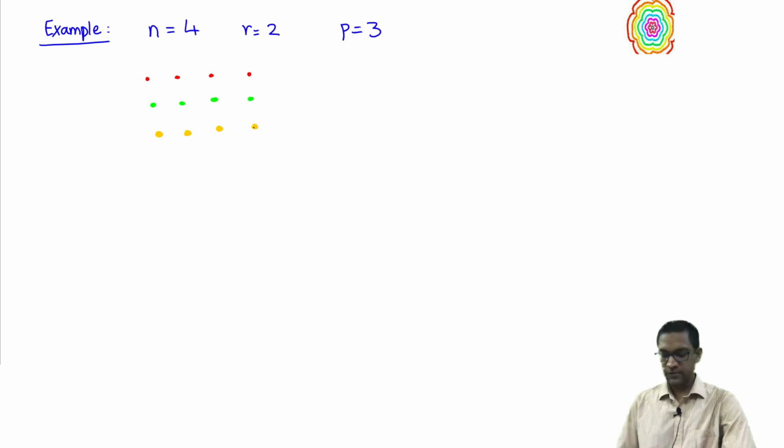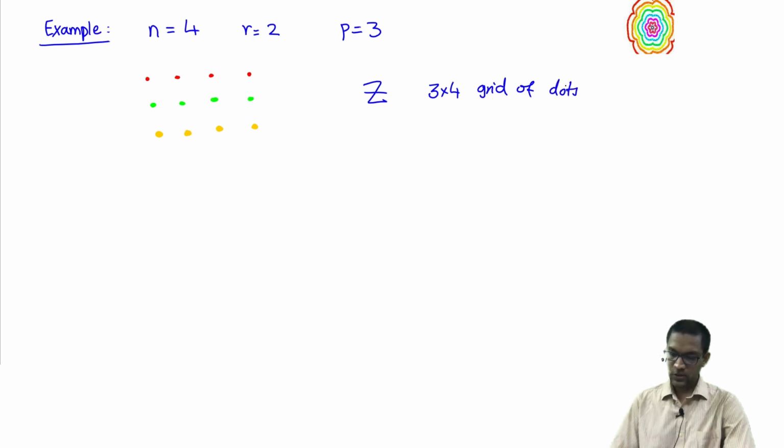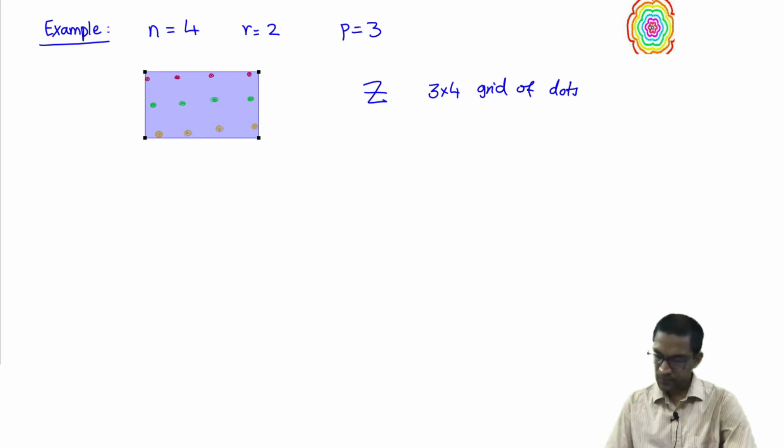Okay, so this grid of dots is going to be my set Z. So it's got exactly Pn dots. So observe, this is 4 columns and 3 rows. So this is a 3 cross 4 grid of dots. Okay, so the dots themselves they form the elements of my set Z. Okay, so I have my set Z here. So let's copy this. Here's my set Z.